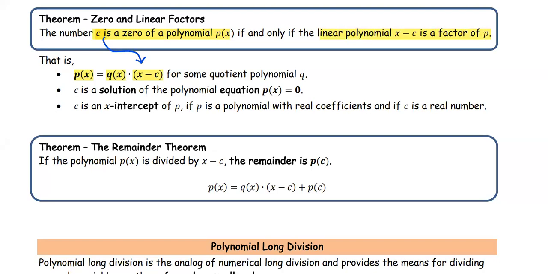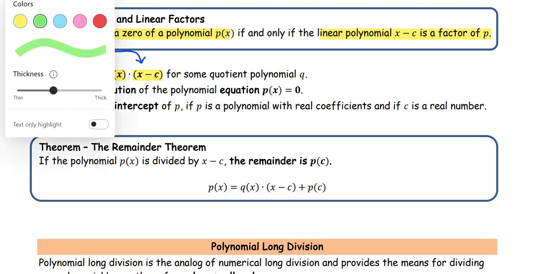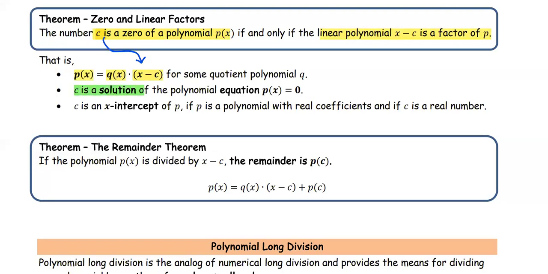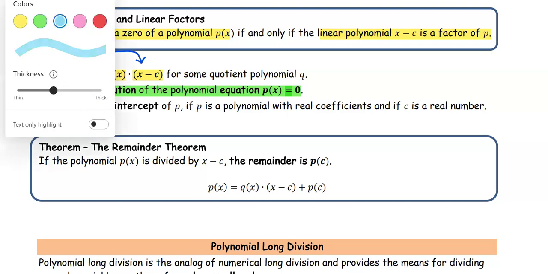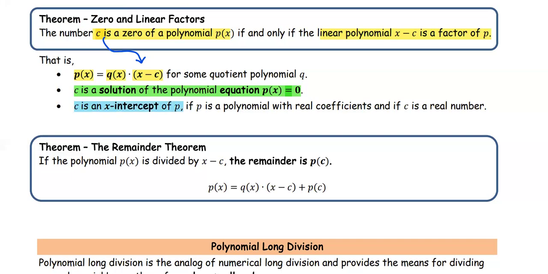Or we say that c is a solution of the polynomial equation p(x) equals zero. c is an x-intercept because y is zero at that point. If p is a polynomial with real coefficients and c is a real number.